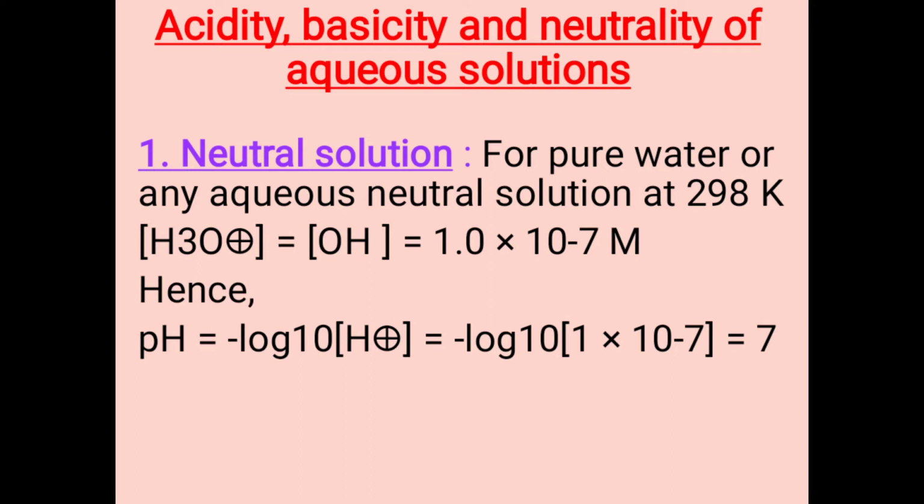By solving this equation, pH is equal to 7. So a neutral solution has pH 7. Means if a solution has pH 7, then that solution is known as a neutral solution.